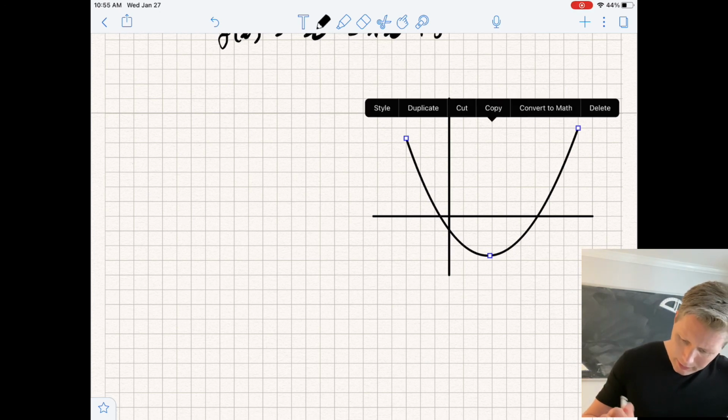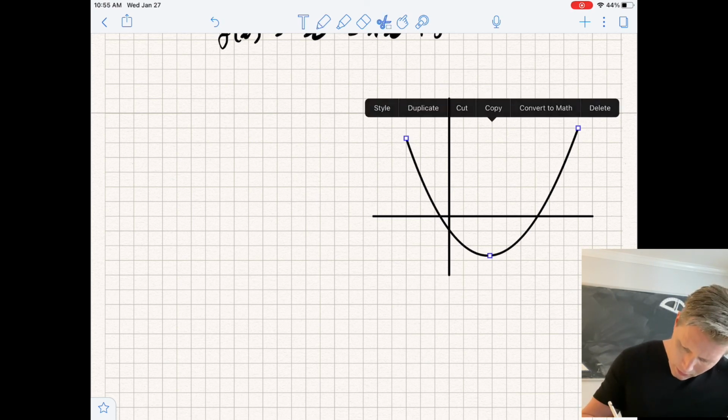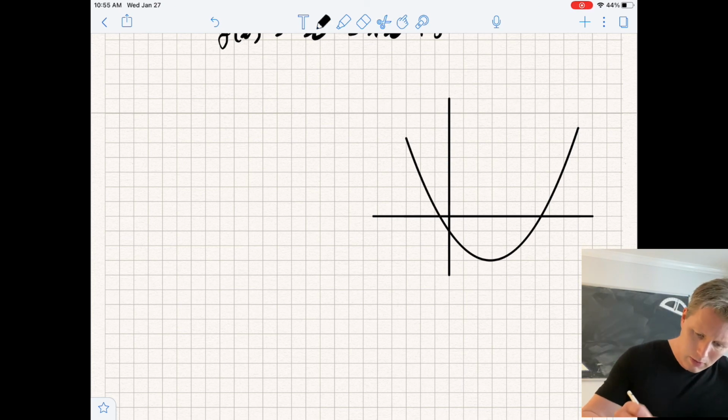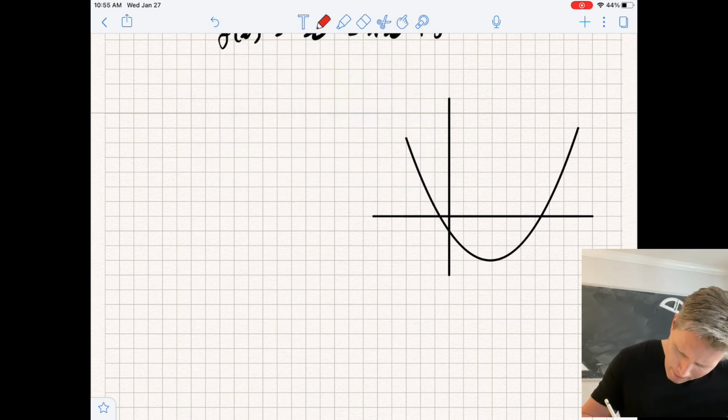And my vertex is right there. I'm given the vertex, and I'm given another point on the graph, say right here.